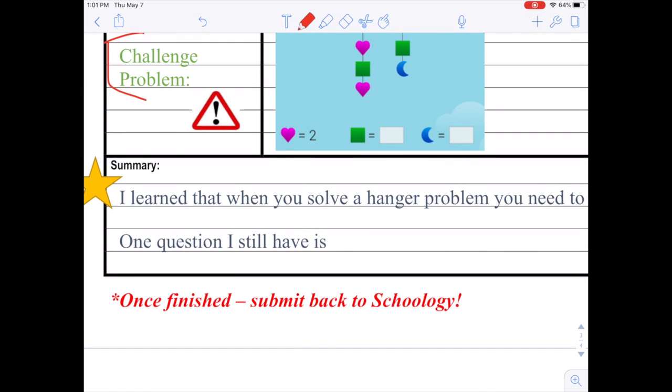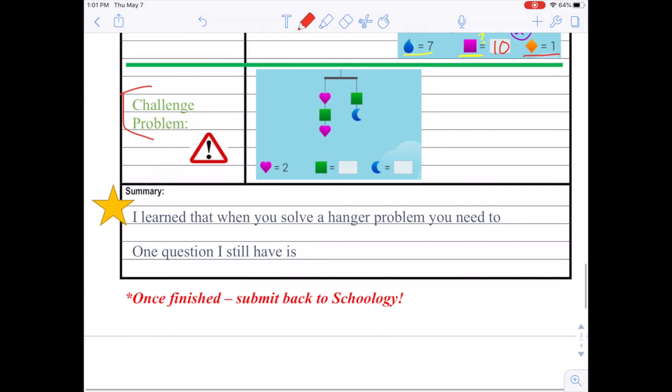And then before you turn this back into Schoology, I need you to help give a little summary of what you learned today. So you're going to finish the sentence that I started here for you. It says, I learned that when you solve a hanger problem, you need to, what is it you need to do? Go ahead and put a tip or a piece of information in there of what you need to do.